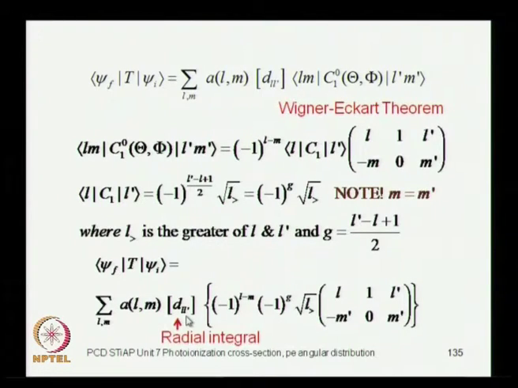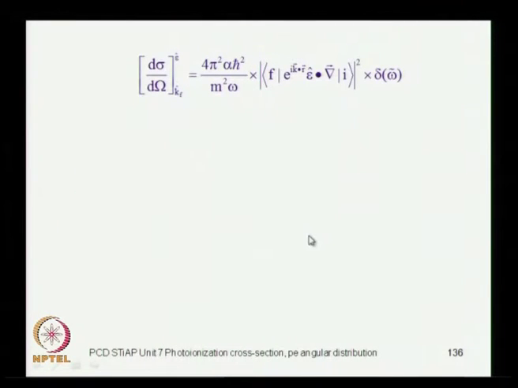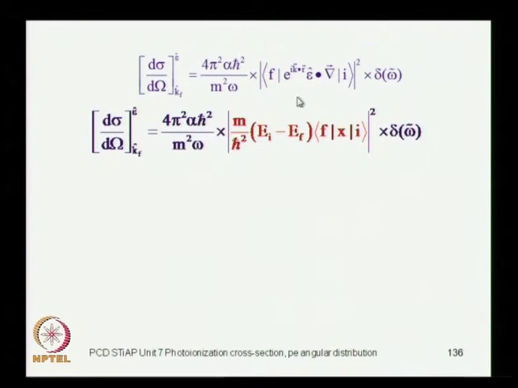Okay. So, we will have to use the radial integral explicitly, and we are now going to plug it back into the expression for the differential cross section, which was essentially the matrix element of this operator, the gradient operator, and then in the dipole approximation you get the connection between the momentum and the position operator, right.